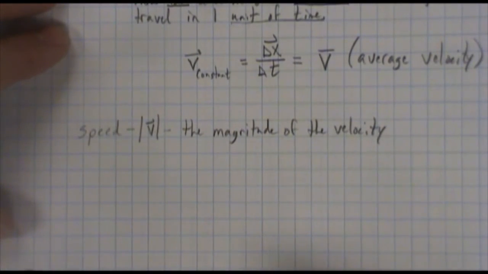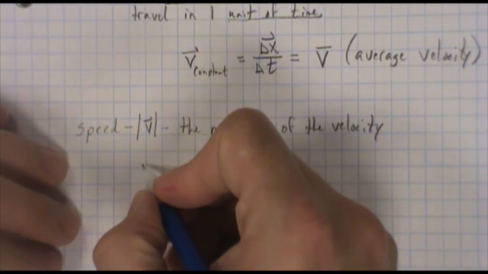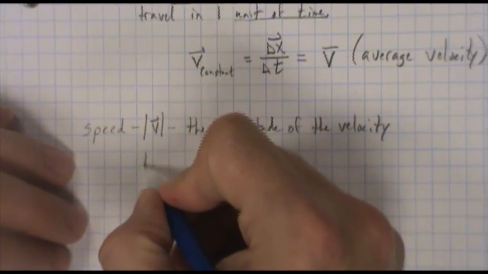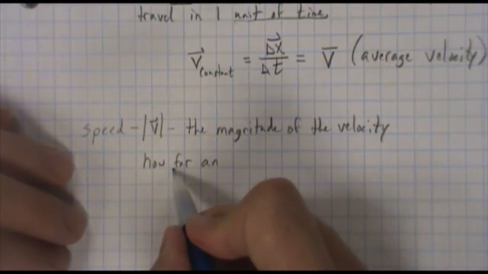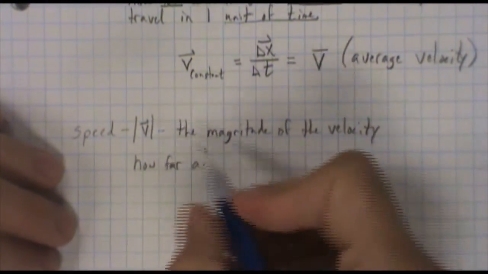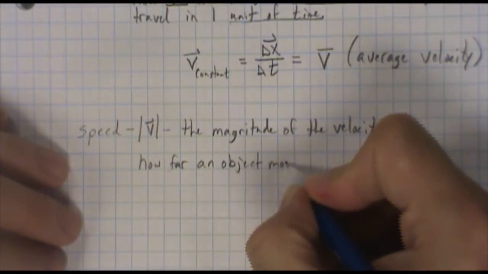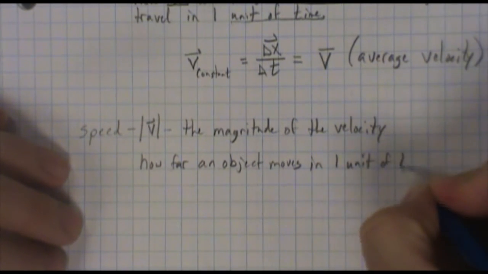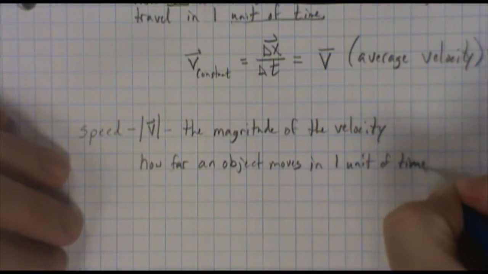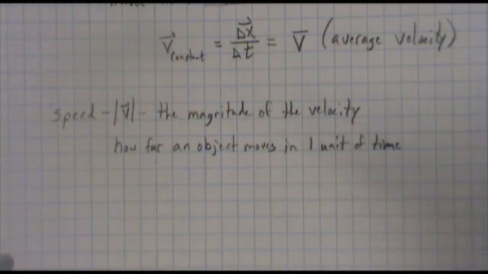That's the technical definition. The general definition, or the sort of more practical, useful one, is how far an object moves. Notice I'm going to leave out part. This is how far an object moves in 1 unit of time. Notice how I've left out direction. Speed is not a vector, it is a scalar.